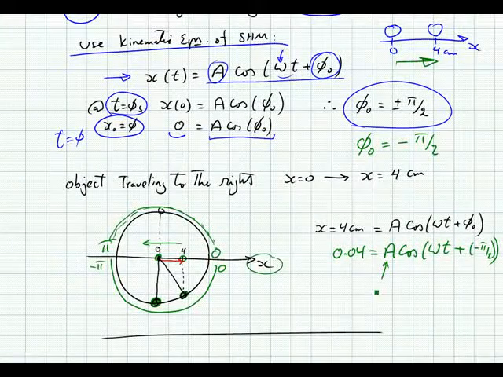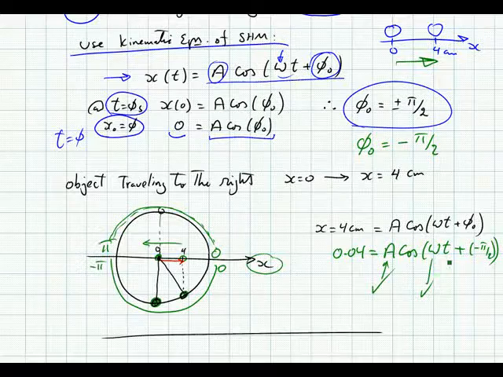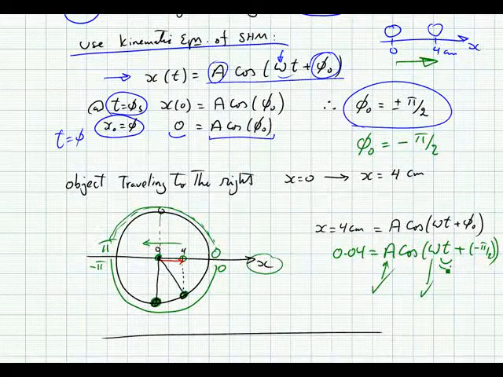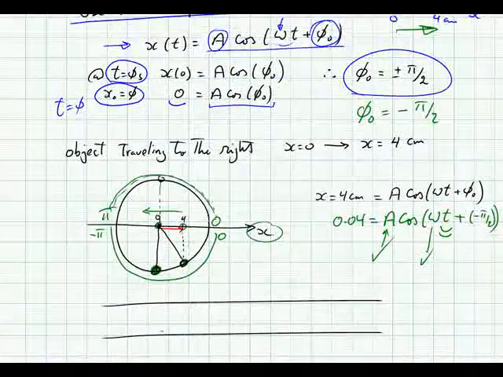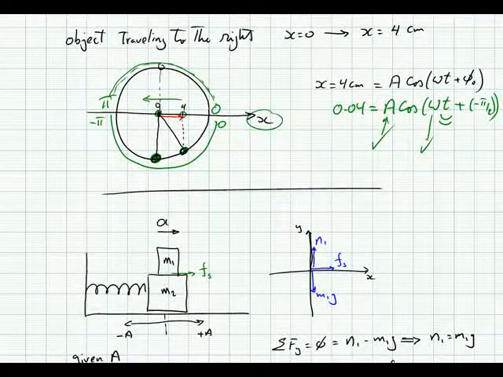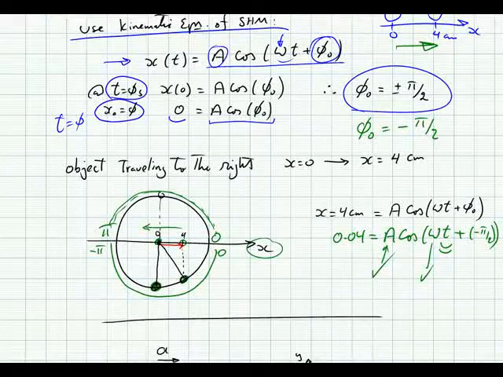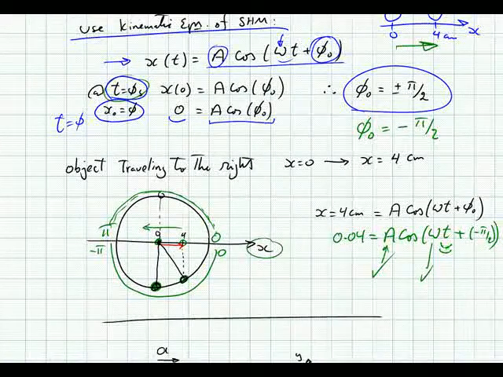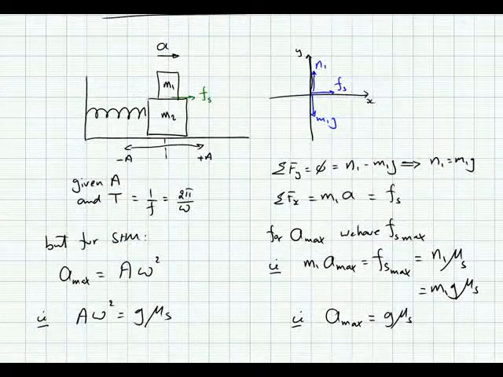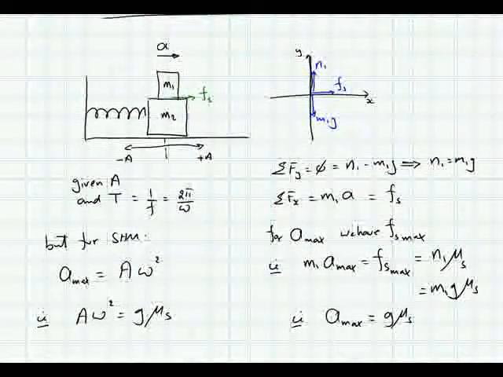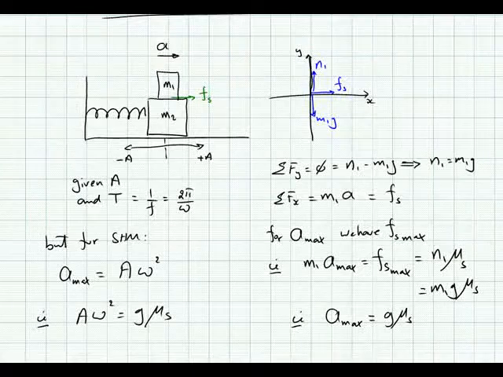And here we know A because the problem has given us A, and we know omega. t is the only unknown, so you can do your little algebra to figure out what t is. Since we said that at x equals 0, time was 0, then t is the amount of time that it would take for the object to move through that displacement.